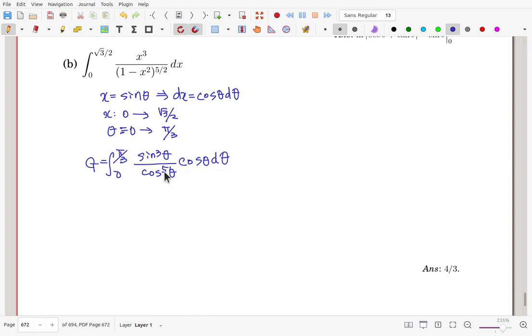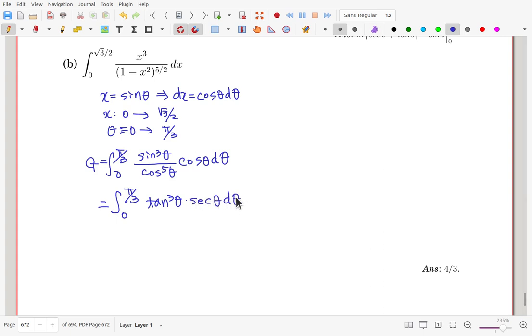One cosine is cancelled out. We have the fourth power now, so we can write from 0 to pi over 3: the third power is making tangent cubed theta, and one cosine cancels out, one cosine remained. That one cosine is now sec theta.